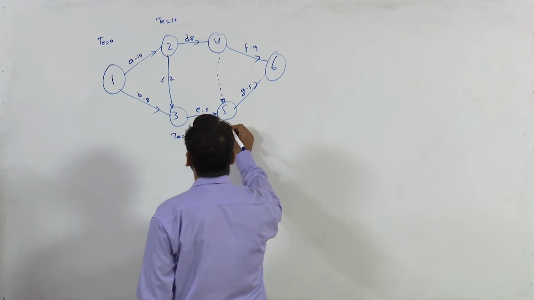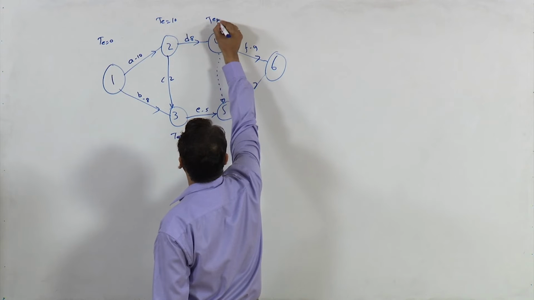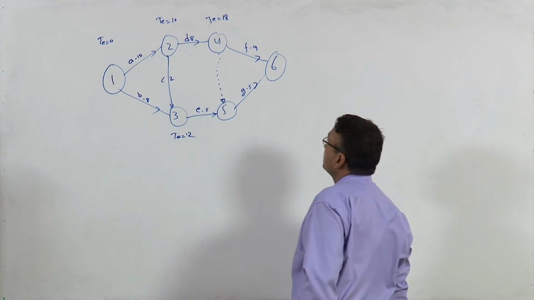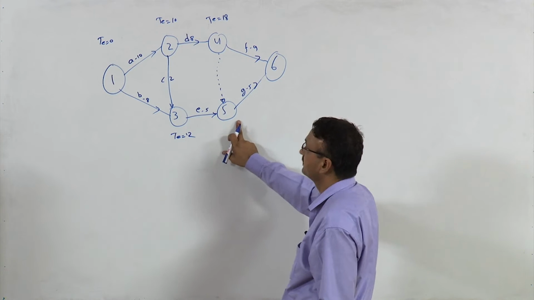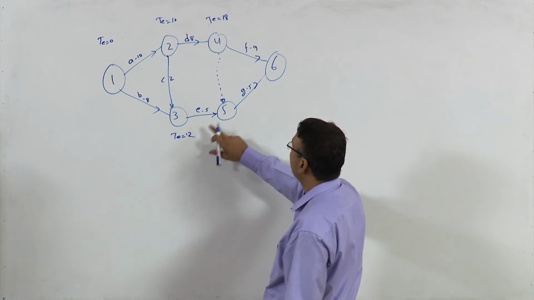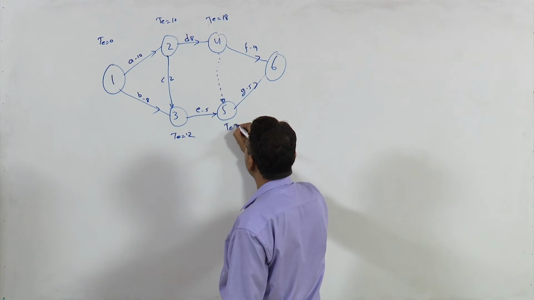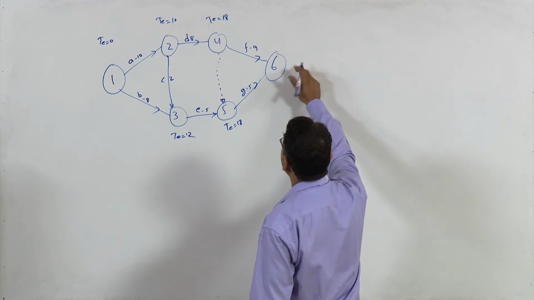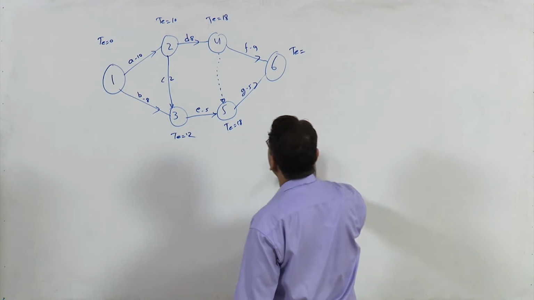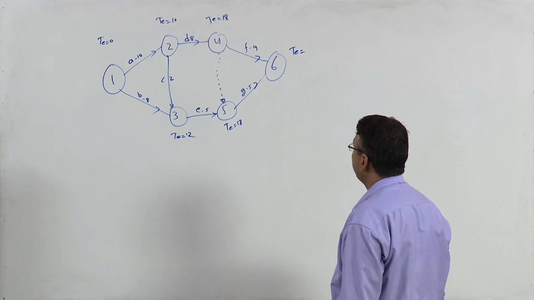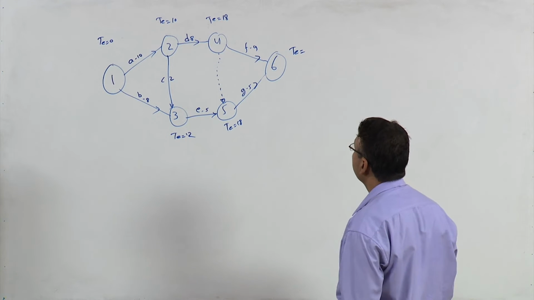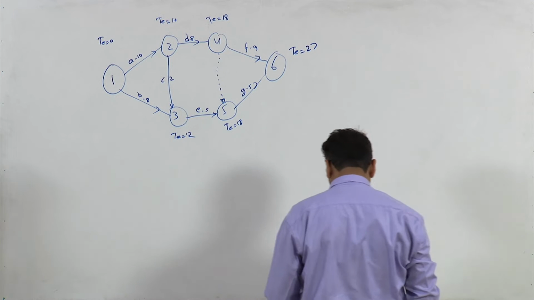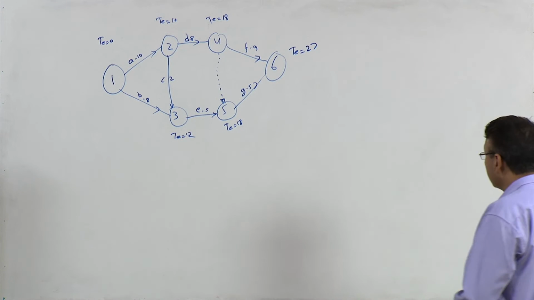TE at this node would be 18. TE at this node would be 17 from this side and 18 from here, so TE is 18. Then TE at this node is what? It is 18 and 9, it is 27. So TE at this point is 27.